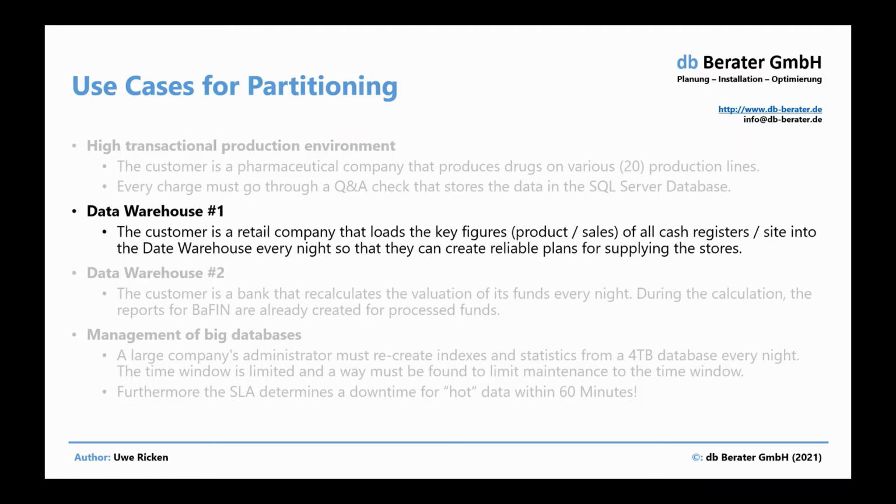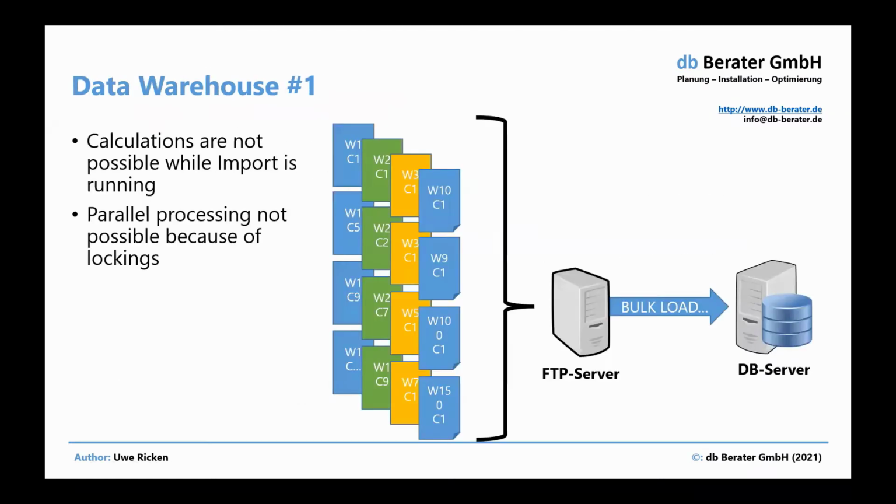So that can create reliable plans for supplying the stores. The key point here is that they have to finish at latest at 2 or 2:30 in the night, because then they need to send out the trucks to deliver to the stores.